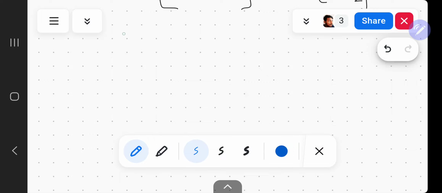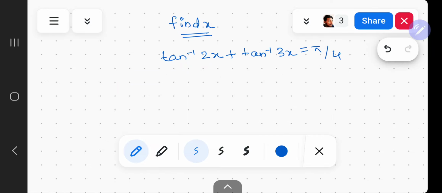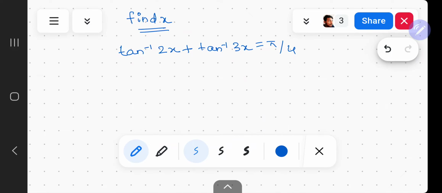The question is find x. Now the equation given is tan inverse 2x plus tan inverse 3x is equal to pi over 4. So we'll be adding both of the tan inverse and we'll be putting that in under one tan inverse.